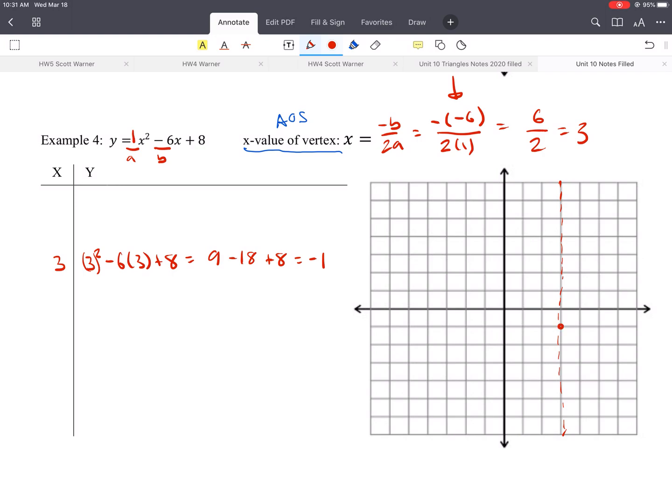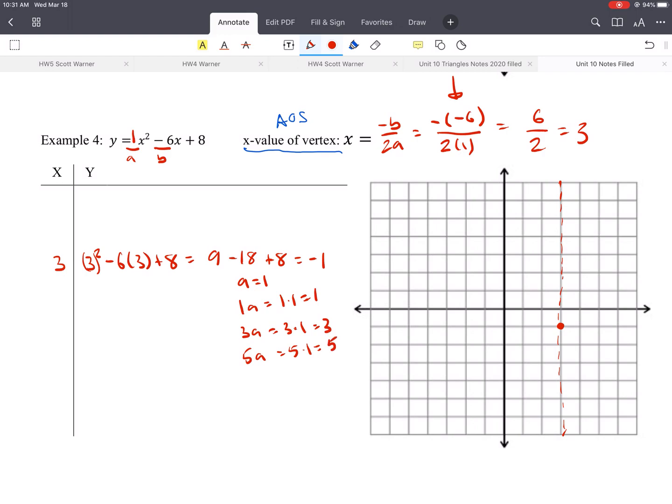3, negative 1. Okay? And then from there we can just use the growth pattern. 1a, 3a, 5a. And in this situation, a is equal to 1. So we'd get 1 times 1 is 1. 3 times 1 is 3. 5 times 1 is 5.